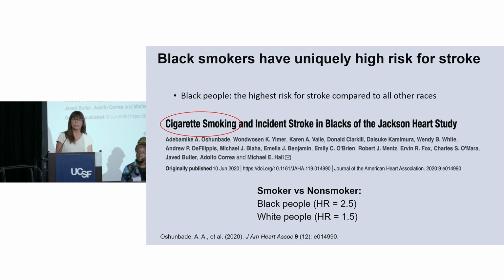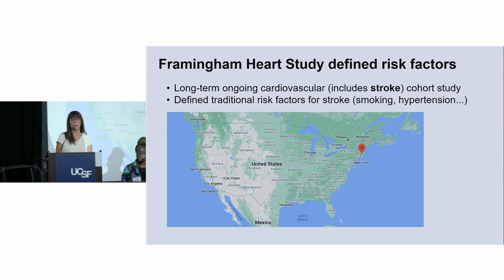So in order to understand this, we look back at how many of the traditional risk factors were established. And greatly what we know came from the Framingham Heart Study. And this is a great study, long-term, ongoing now for more than 70 years. And it helped us define traditional risk factors, including smoking.